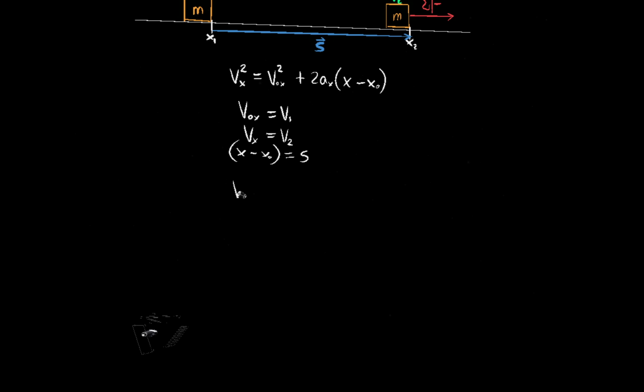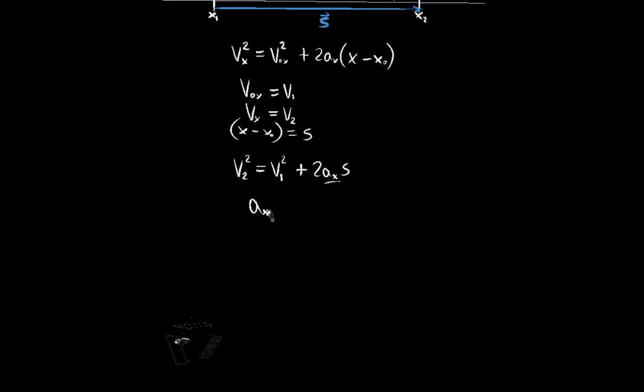Just a little bit simpler way to write it. Now we're going to solve for the acceleration. So a, acceleration in the x direction, is equal to v2 squared minus v1 squared over 2s.